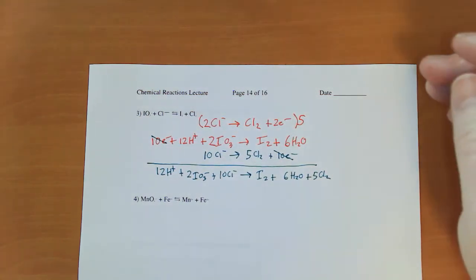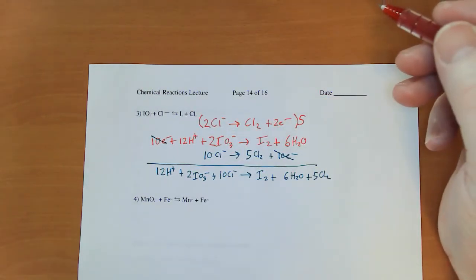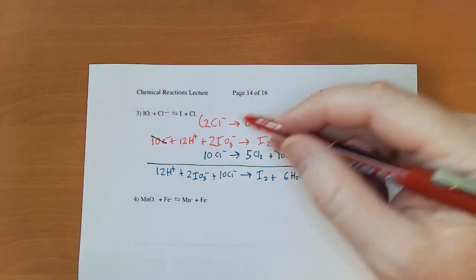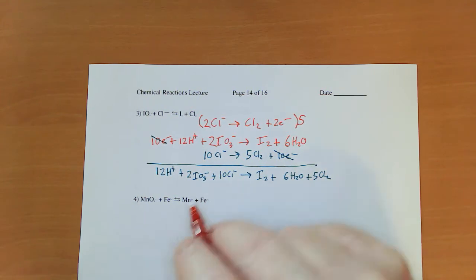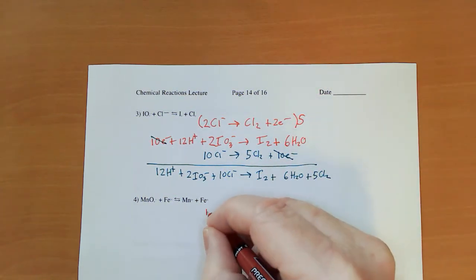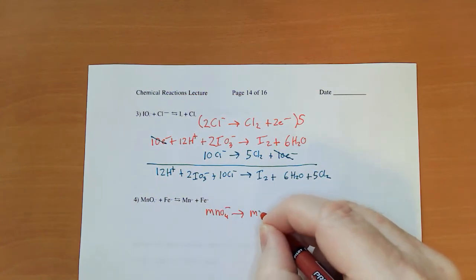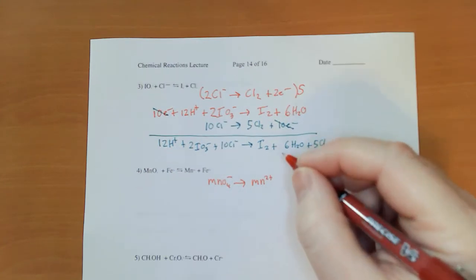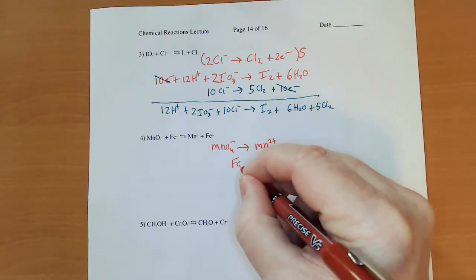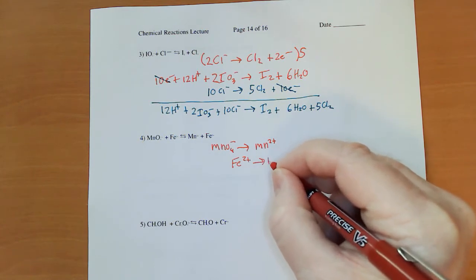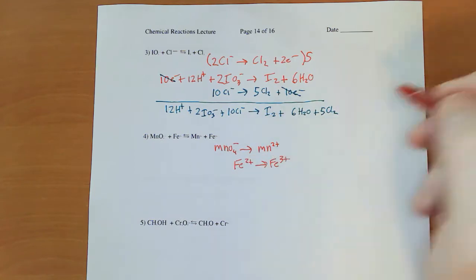Now, iodate's an incredibly common redox reactant, so get used to using it. Chloride is also, and so are the 2 in this next reaction, permanganate and iron 2. Let's break down our permanganate reaction, which gives us Mn2 plus in the half reaction, and then the iron 2, Fe2 plus, gives us Fe3 plus. 1 iron, 1 iron, 1 manganese, 1 manganese.